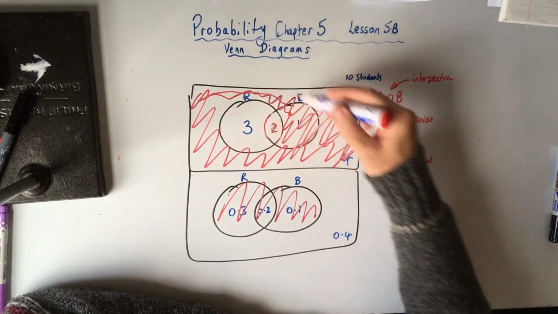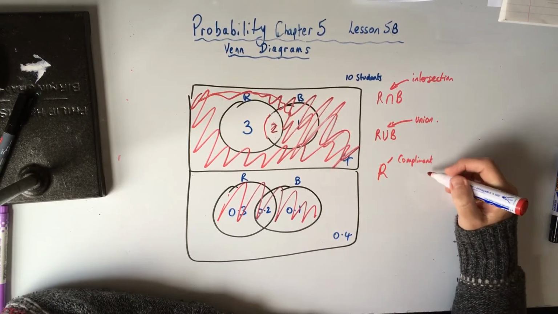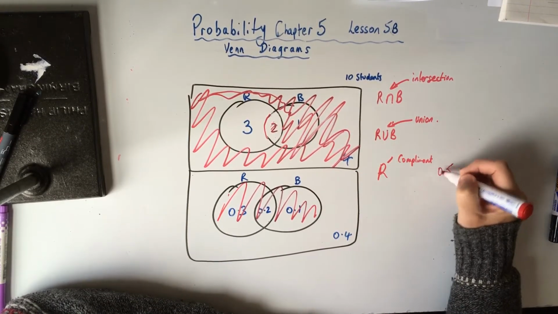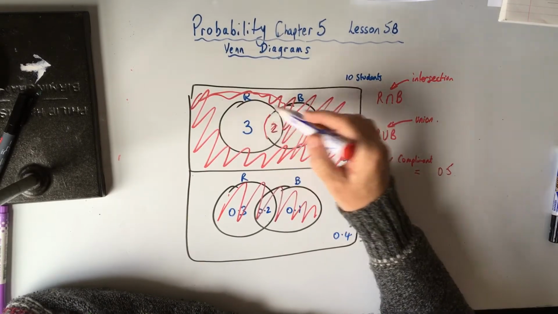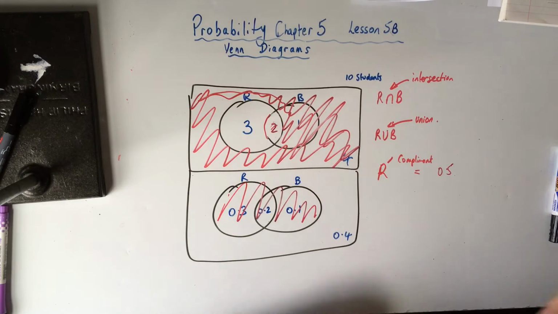R dash would be everything outside of that circle. So there are 5 students, so it'd be 0.5, the probability of choosing someone who didn't choose red. And that's just from GCSE.